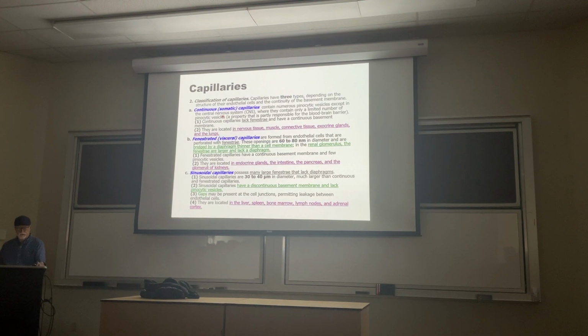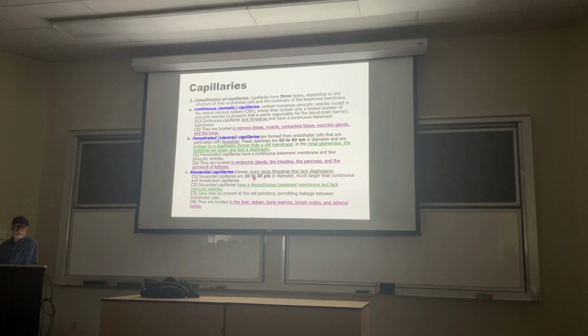Here are the three different ones: the continuous, fenestrated, and sinusoidal. Notice that the sinusoidal can be much larger in diameter, maybe about 35 microns instead of about 8 to 10. So these are the large ones, but they're still very thin.